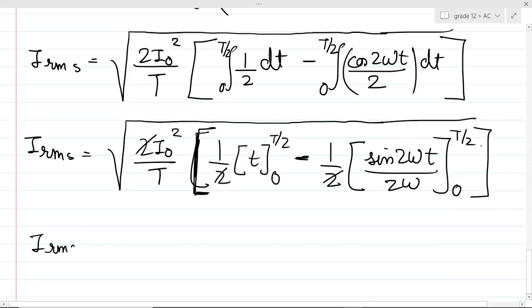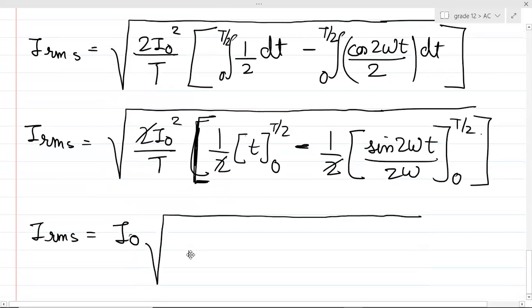So IRMS will be equal to, I am taking this I naught square, I naught also out. This will be 1 by t left. This will become t by 2 minus 0, t by 2 minus sine 2 omega t. I can take this 1 by 2 omega also out.